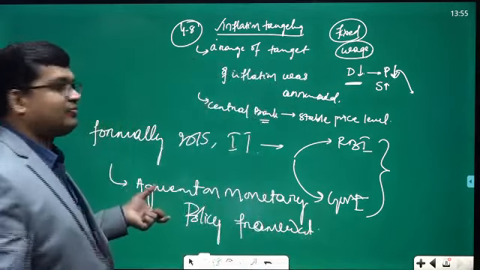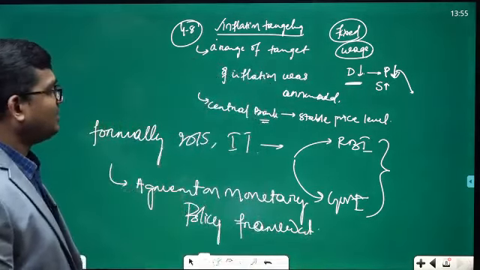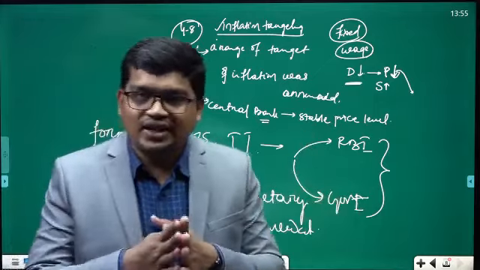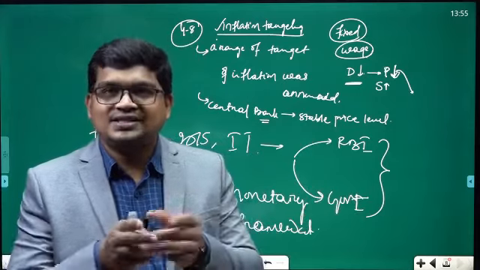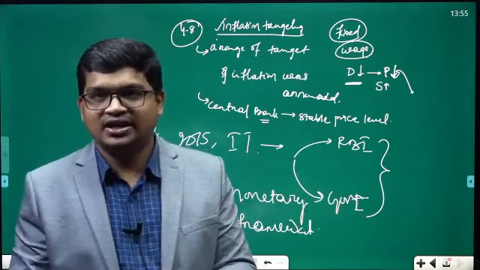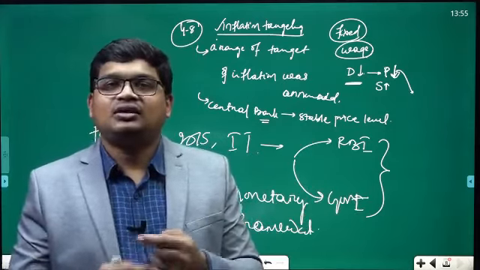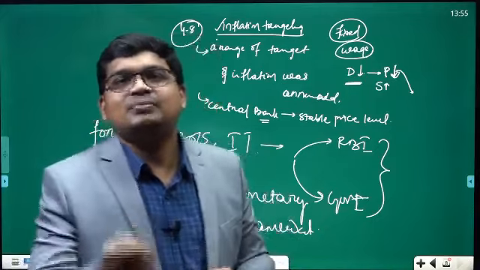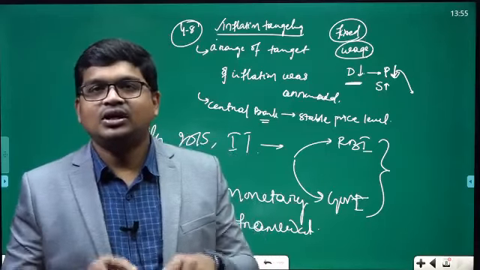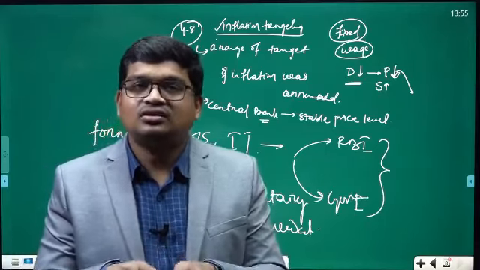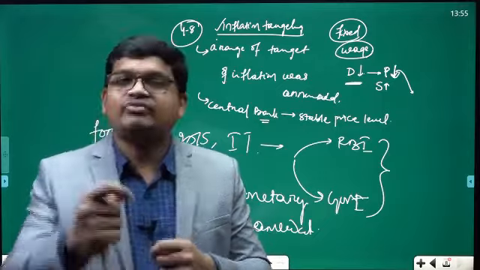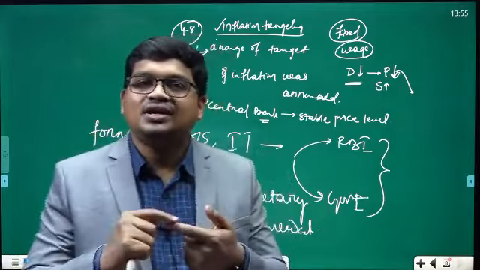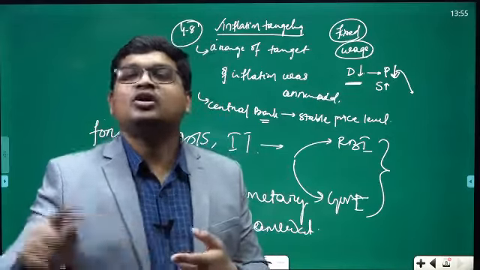In that agreement, both parties finally agreed upon deciding a range of inflation rate so that, through that inflation or price level, sustainable growth can be achieved for the economy, which will not affect people very badly, so that we can manage the economy and it can sustain for a longer period of time.